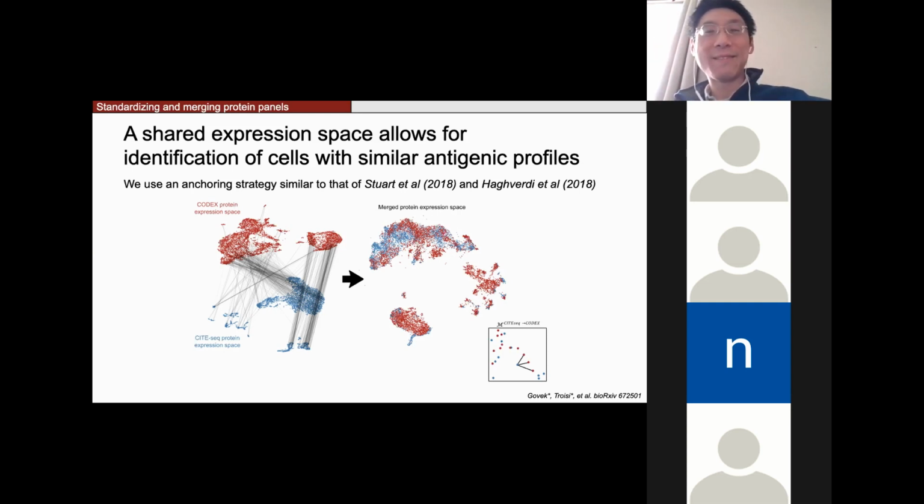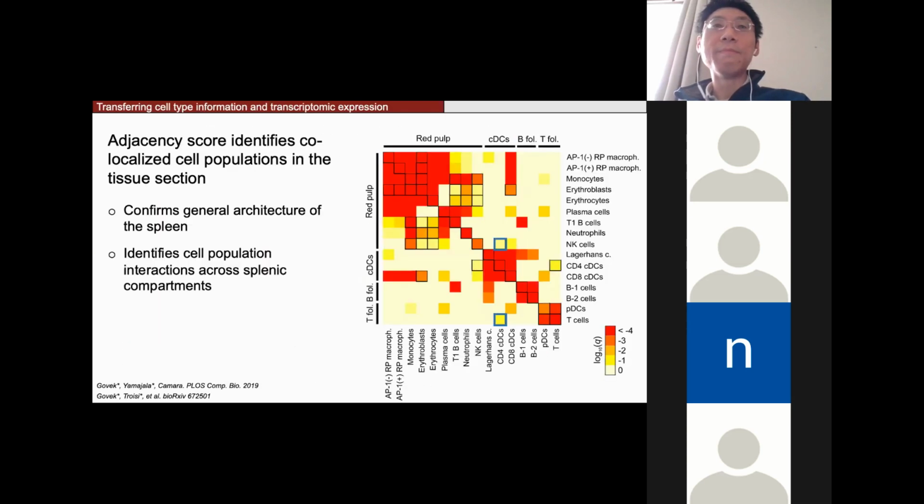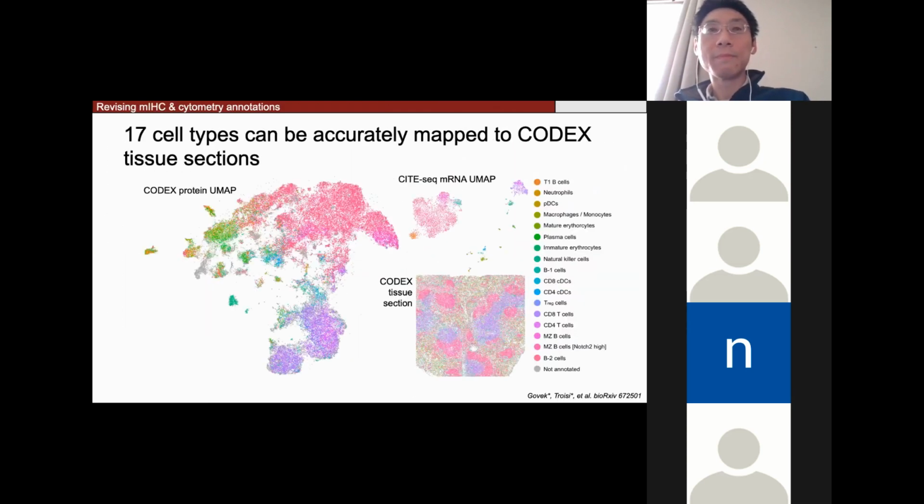Yeah, that's a great point. Actually, that's something we're seeing. The differences between the red and the blue, we know, are both biological cells that we're missing and technical, just because there's still a lot of noise in these data sets. But this is the Codex UMAP on the left-hand side, and any colored cells are ones that we have CySeq associations for.